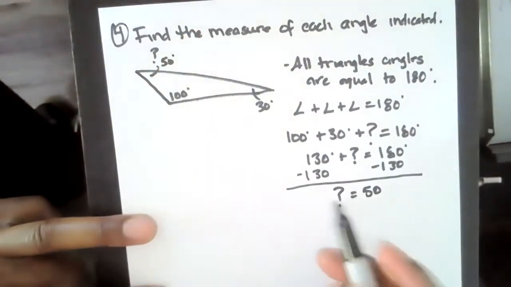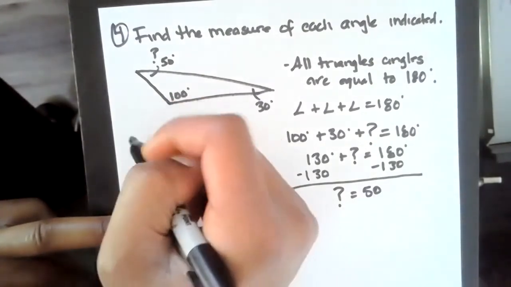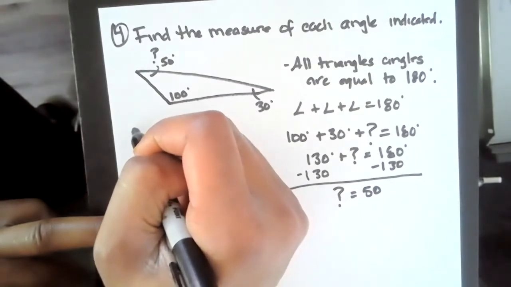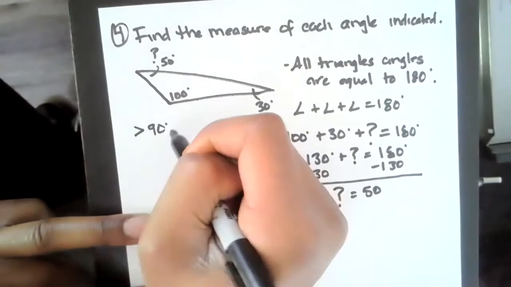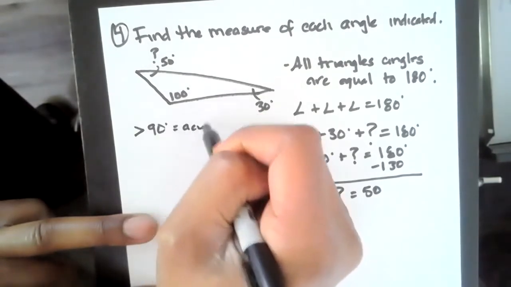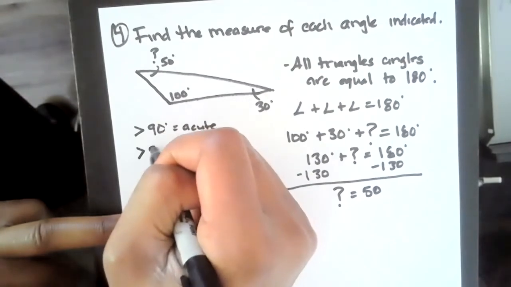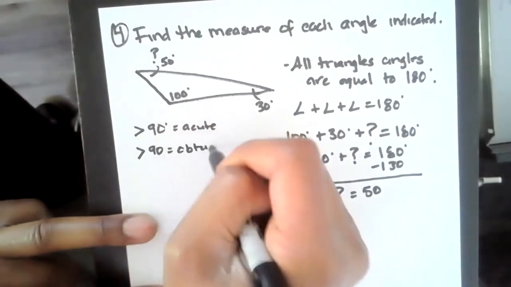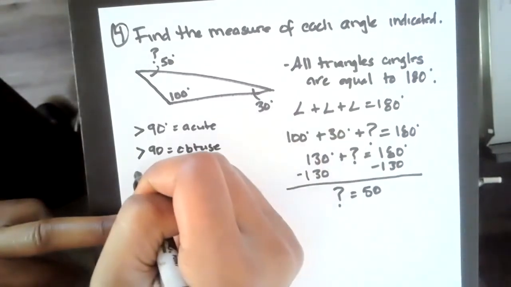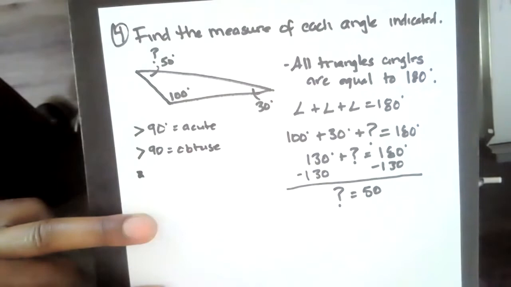And what type of triangle do we have here? Remember what I said? Anything that is less than 90 degrees is acute. Anything greater than 90 degrees is obtuse. We'll leave it at that.